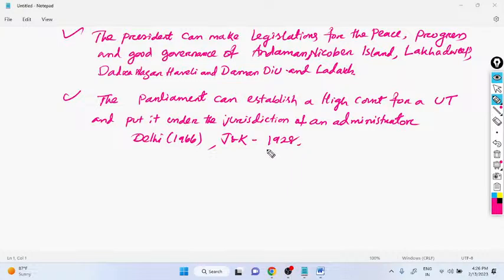Okay, but the other union territories are put under different high courts: Delhi High Court, Jammu and Kashmir High Court, Daman and Diu and Dadra Nagar under Bombay High Court.